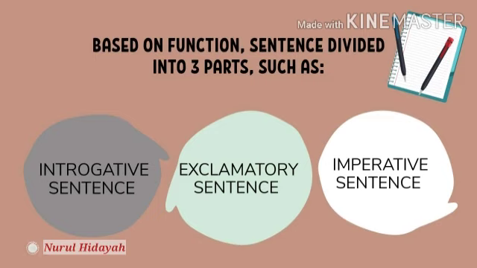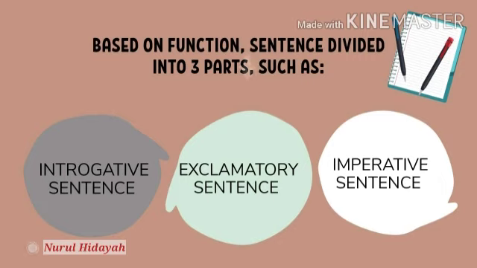Based on function, sentences can be divided into three parts as follows. The first, an interrogative sentence or question, is generally used to ask for information. For example, do I have to go to work?